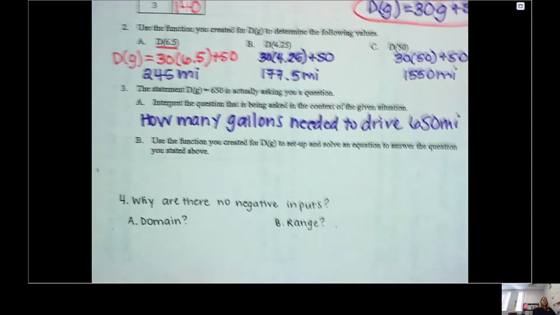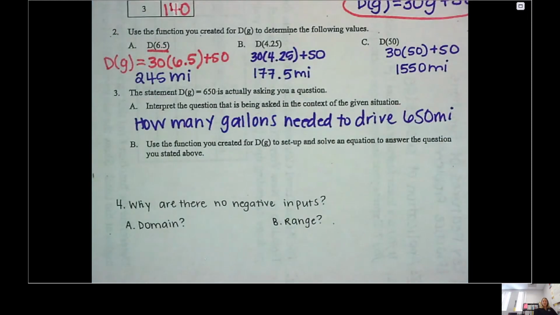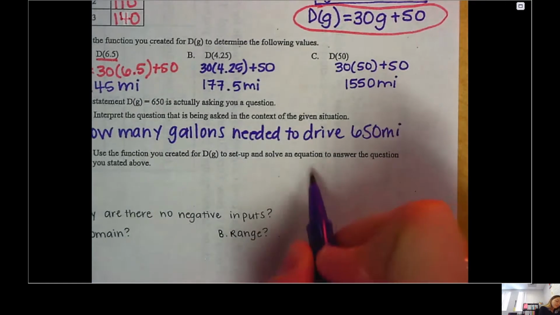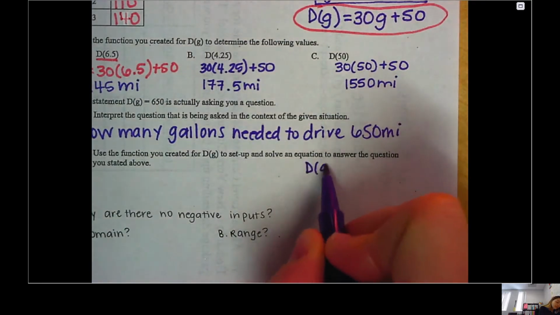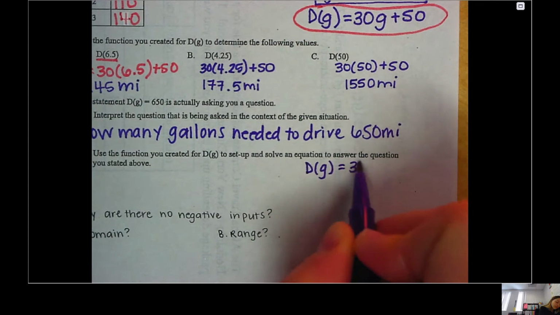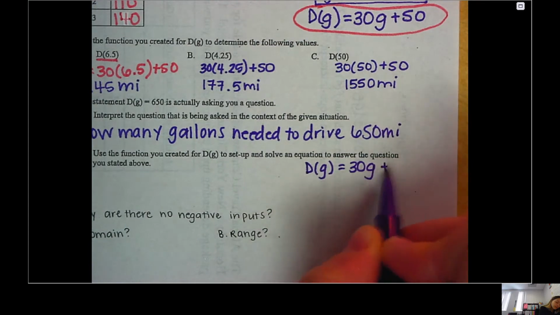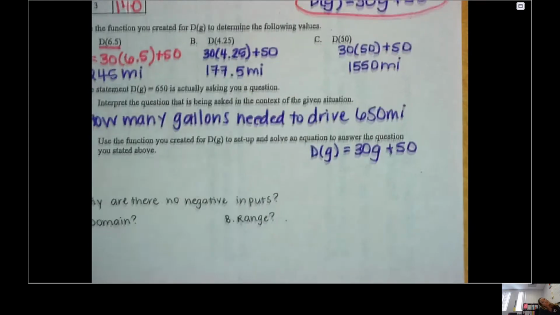Okay, so letter B says, use the function you created for D of G to set up and solve an equation to answer the question you set above. So your equation was this over here. D of G equals 30 times G plus 50.